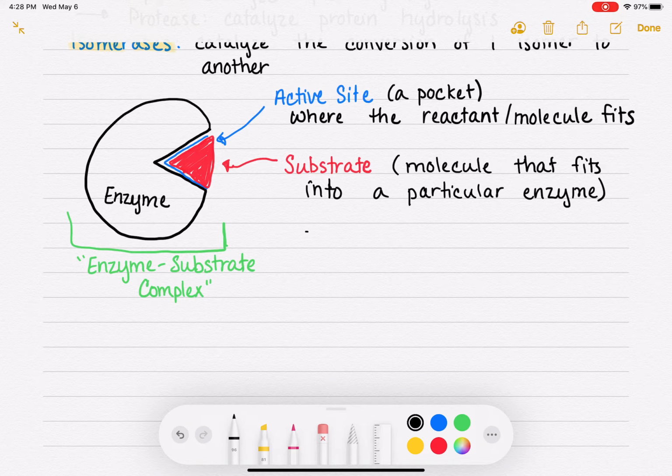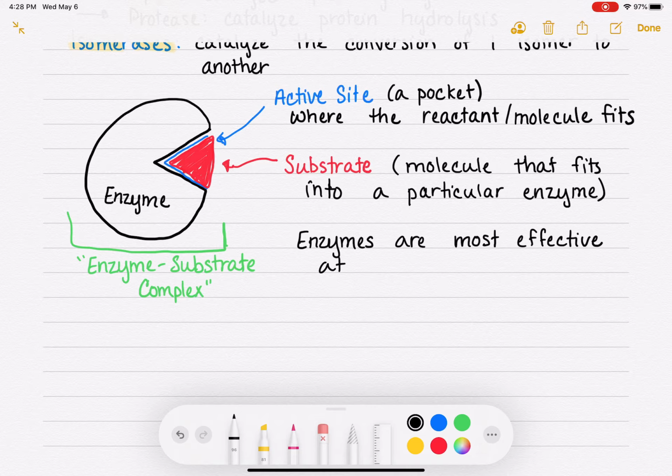If we're talking about enzymes, specifically talking about them inside our body, they are most effective at normal body temperature. They are designed to work in our body under normal temperatures.